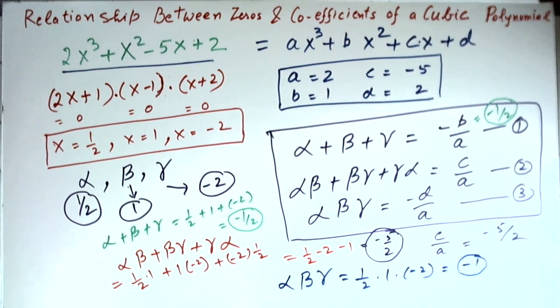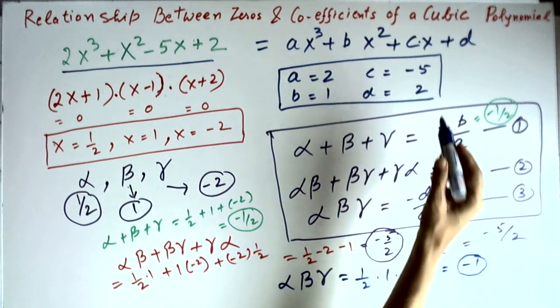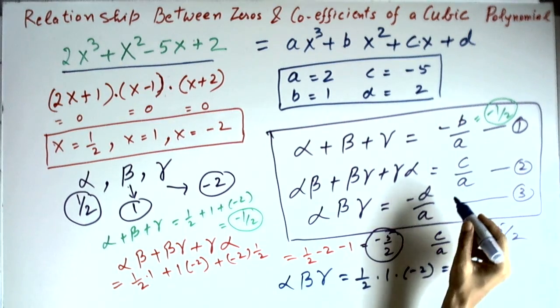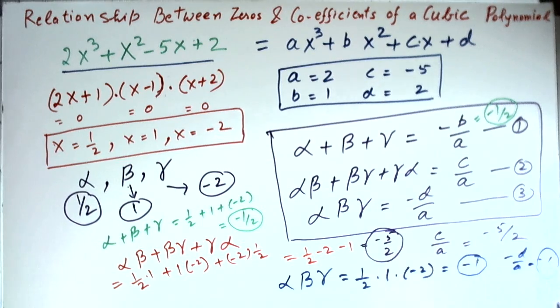And if we look at minus d by a, d is 2 and a is 2, so minus d by a is also equal to minus 1.